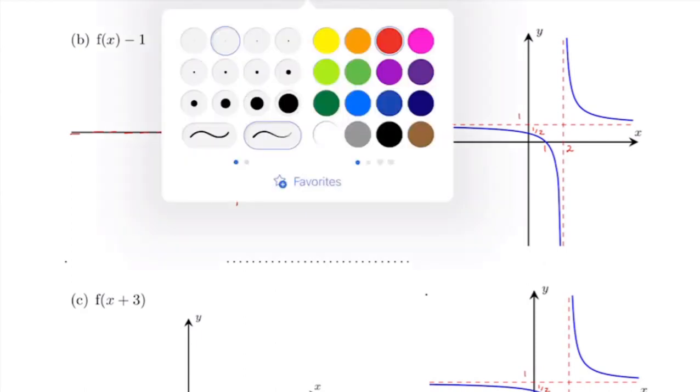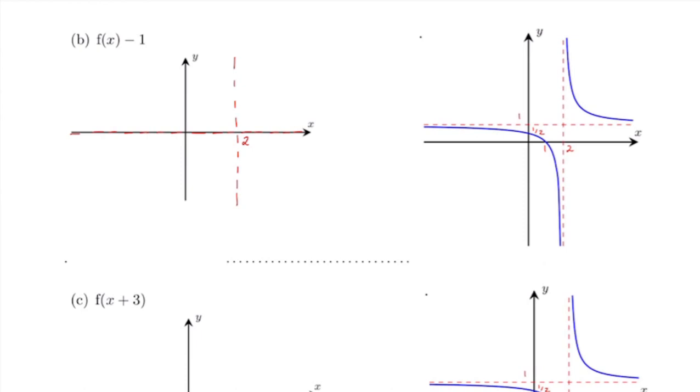I'm now going to draw it, and then I'll put in a few key things. So the whole graph has dropped down by 1, so this is what's happened. And where the graph intersected at a half on the y-axis, it's now going to intersect at minus a half, because it's come down by 1.